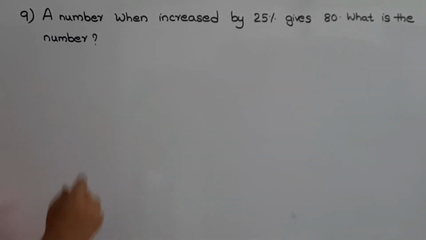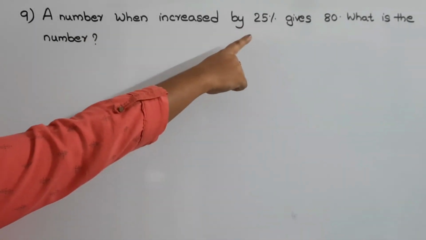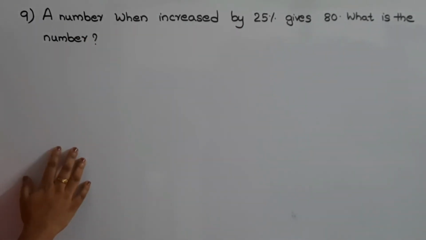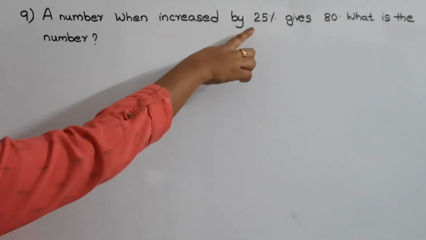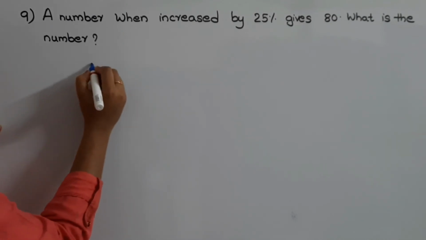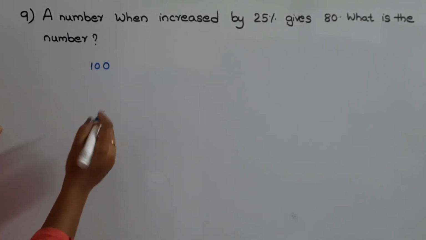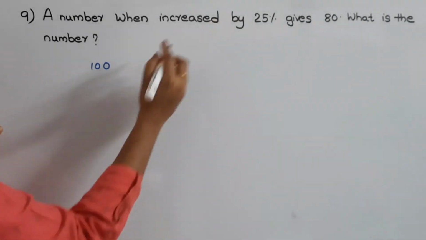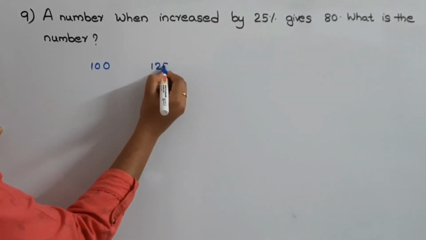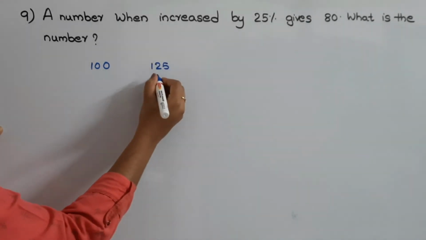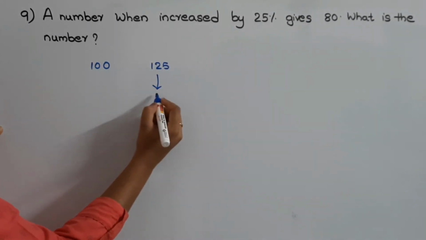The next question is, a number when increased by 25% gives 80. What is the number? In this question they are telling that when a number is increased by 25%, the new number is 80. So let us consider the original number as 100. If it is increased by 25%, the new number will be 100 plus 25, that is 125. But the new number after the increase is given as 80. So we can write this 125 as 80.